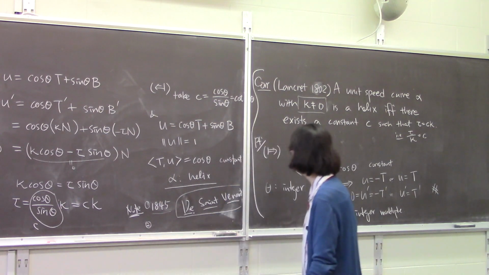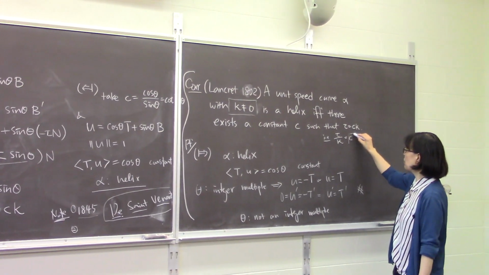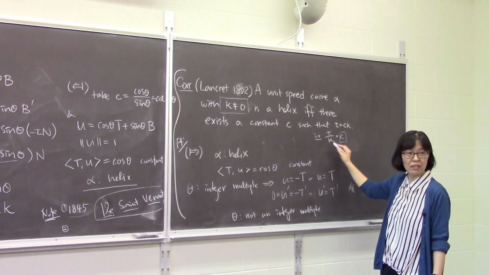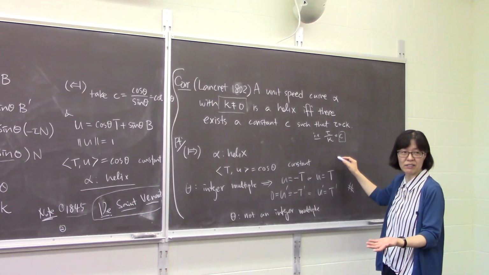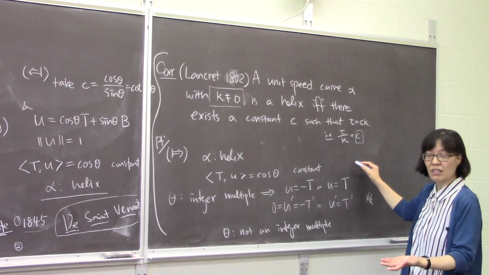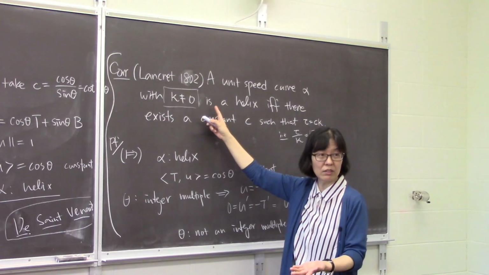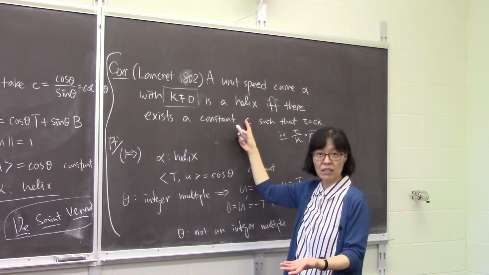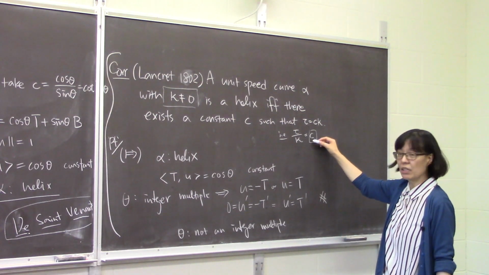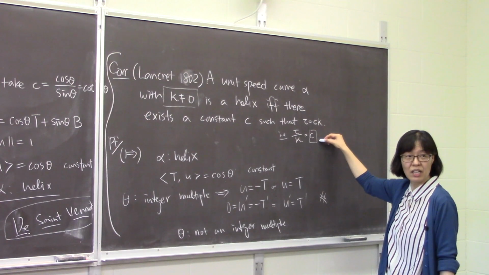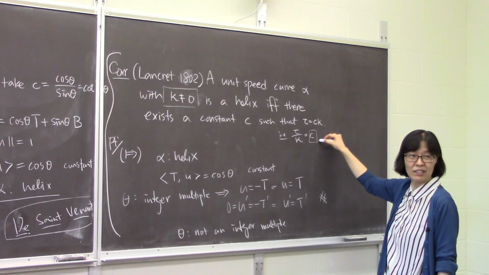And actually here, if the ratio of this one is constant, we know that the curve is a helix, right? So what is the question that we can think of? What is the next simple case next to the constant?